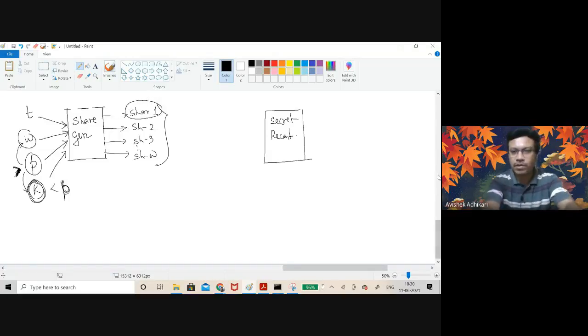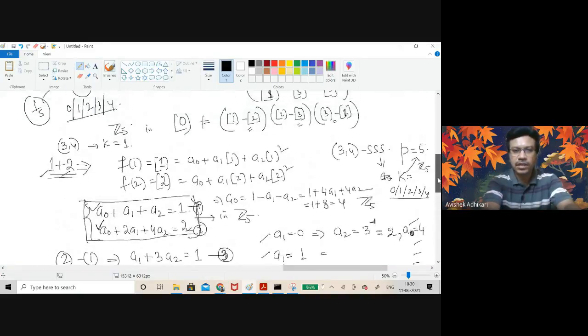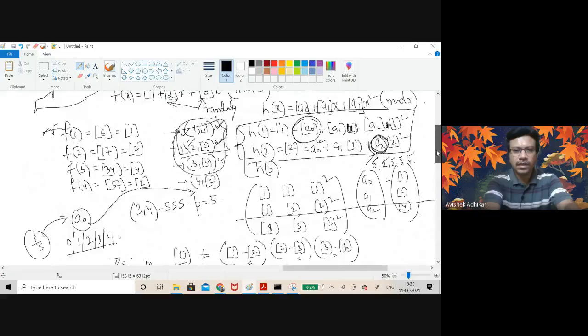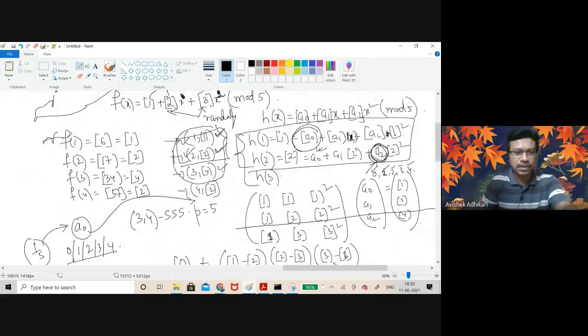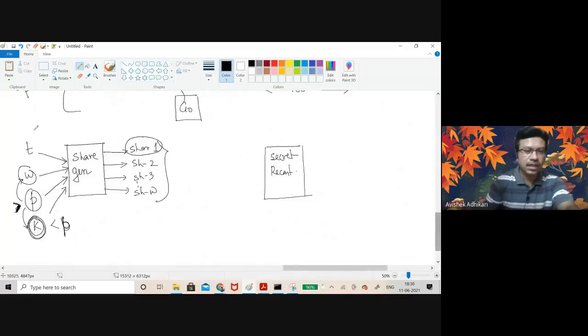For example, if you look at this, in case of this, F1 was ultimately 6, but since we are dealing with modulo 5, it becomes 1. So here, if we consider the same example, my t was 3, w was 4, p was 5, and for k it was 1.